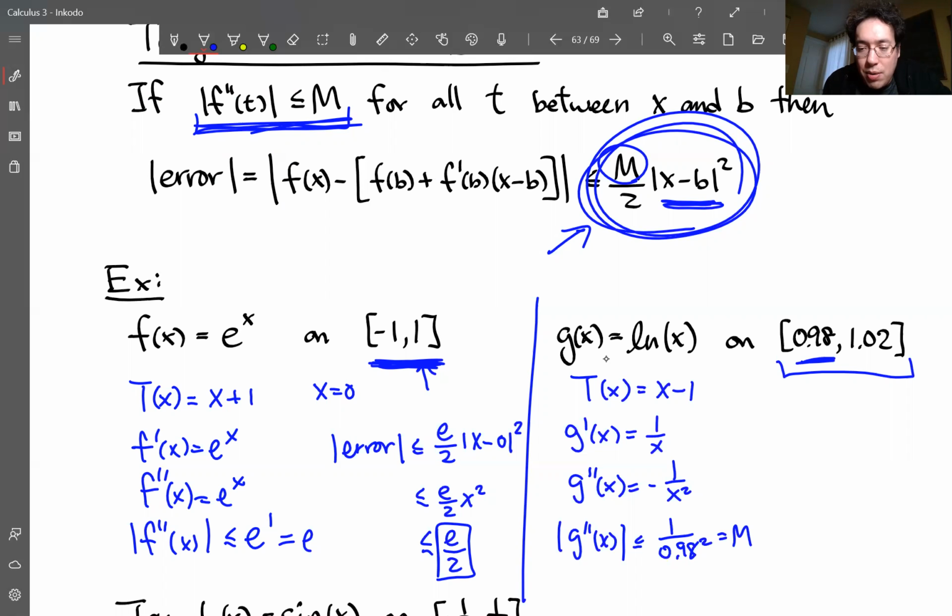All right, so what is the error? The error is this m, so 1 over 0.98 squared, divided by 2, times (x minus 1) squared. And the largest you could get from 1 is 0.02.